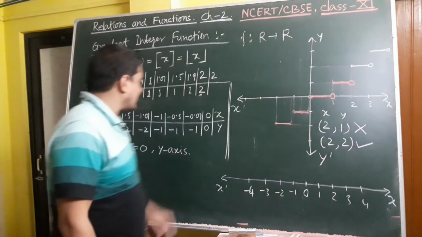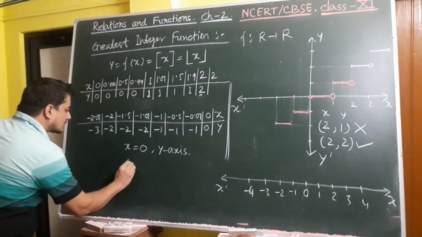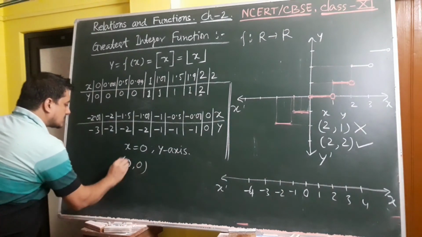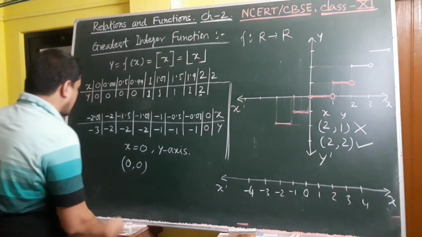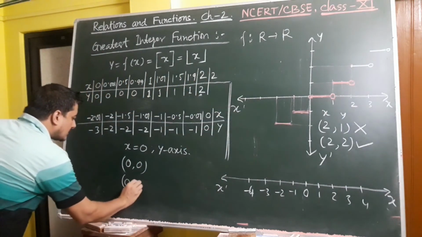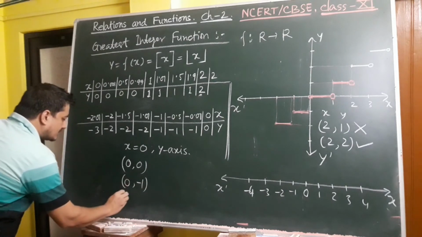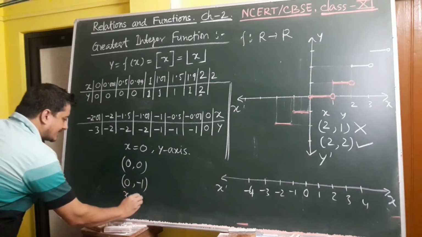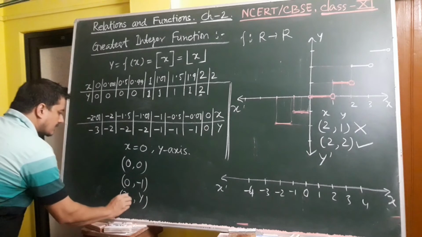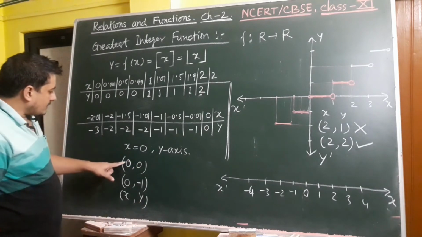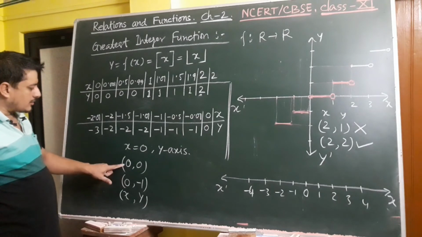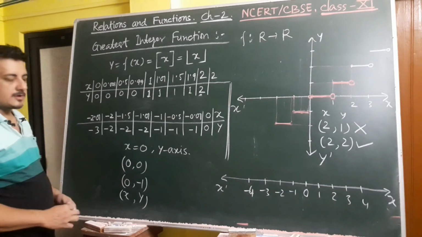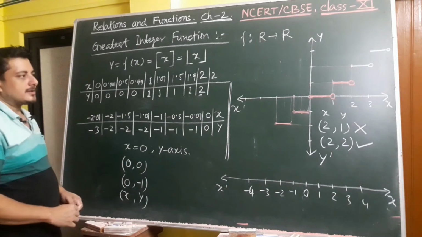One is this one, (0, 0), and then this one is (0, -1). These are the values of x and these are the values of y. So now you know from the definition that both these points cannot be part of our graph. Only one point will be the part of our graph.